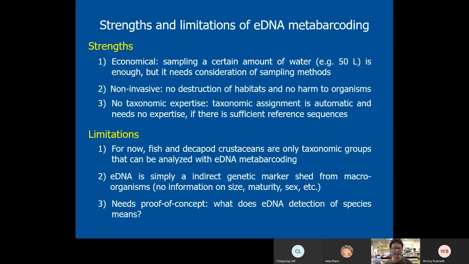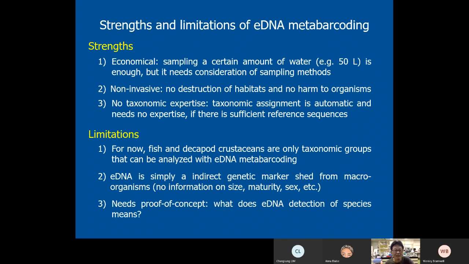And finally, I can summarize the strengths and limitations of eDNA metabarcoding. The strength is that it is very economical. A certain amount of water is enough, but it needs consideration of sampling methods.